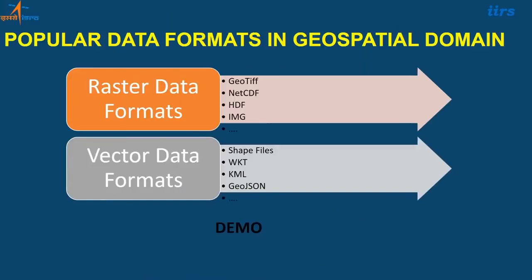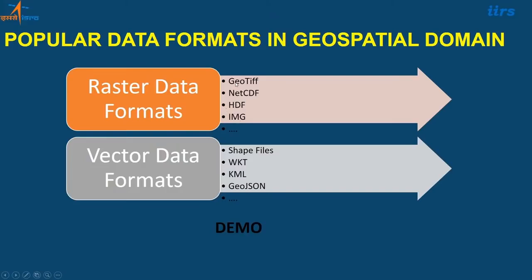Now, some of the popular data formats. I have not talked about the data formats. In the raster data, you will face terms like GeoTIFF images, NetCDF images, HDF images, or IMG images.